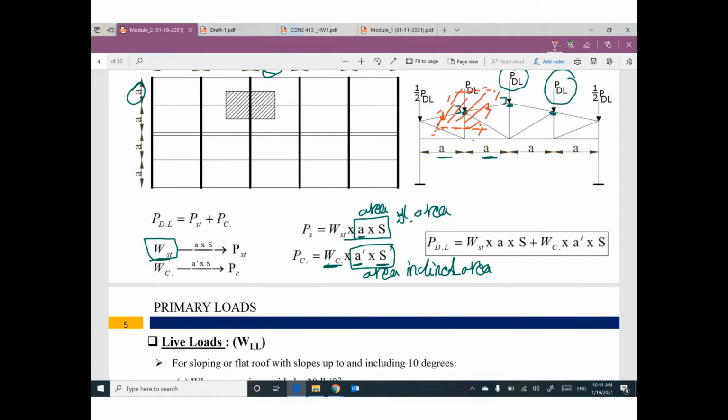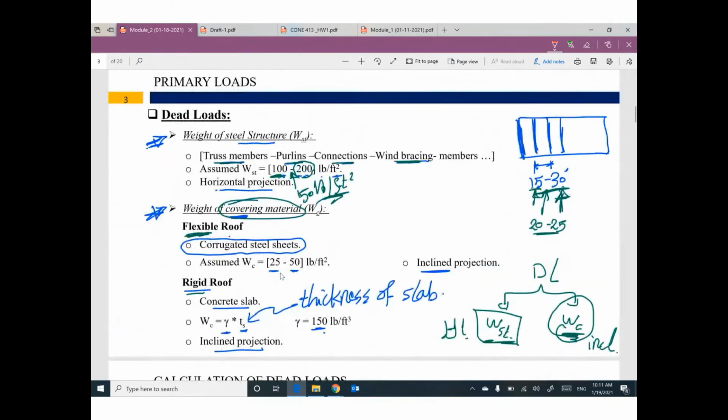Not inclined area. Why are you using horizontal area for W structure and inclined area for covering weight? Because weight of structure is in horizontal projection, so you need horizontal area. For weight of covering, flexible roof or rigid roof, we need inclined area.